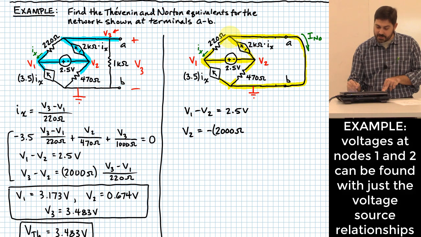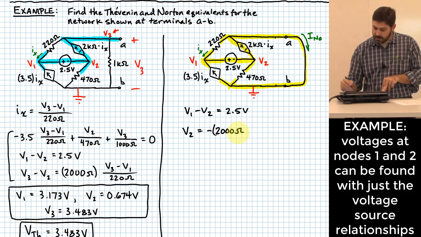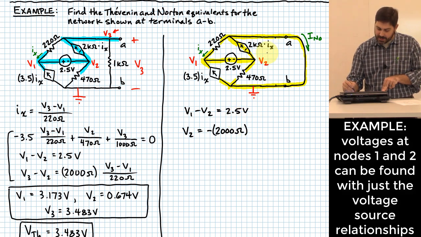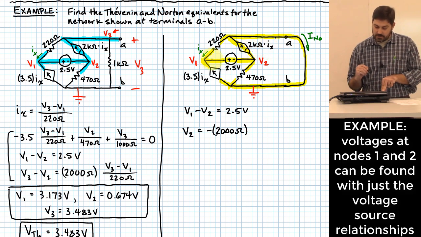Negative because the positive's on the ground terminal, or ground node, and the negative goes up to where V2 is. That's why I put that negative sign right here. And IX, does it still behave the same way, or is it kind of different now?